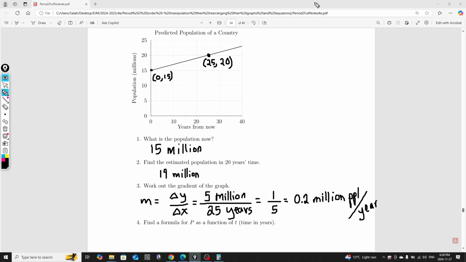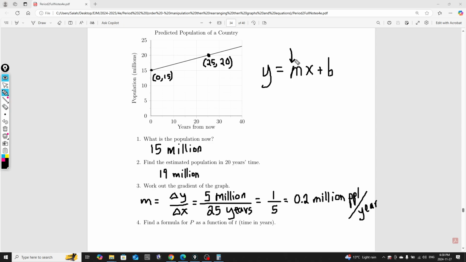Now as we saw in class, all linear graphs can be represented through this equation right here.